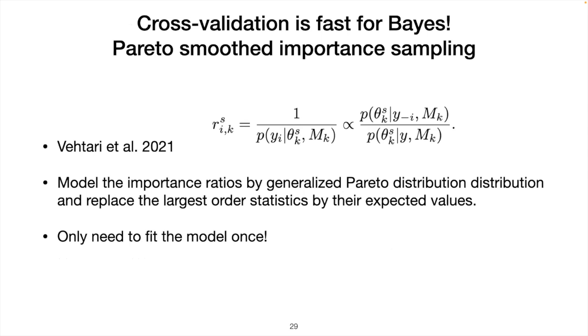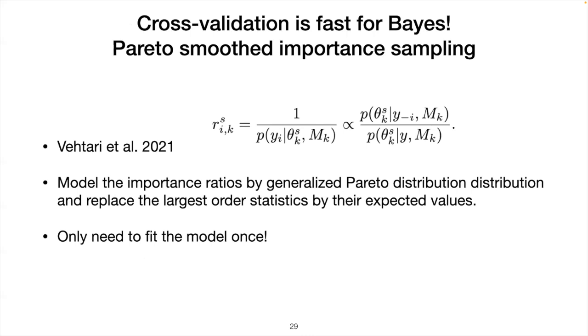In a recent paper, we address this problem by stabilizing the importance ratio. For example, you can fit a parametric family to the ratio, for example a generalized Pareto distribution, and replace the ratio by the expected ratio. Then it becomes a practical pipeline for leave-one-out cross-validation. All you do is fit the model once and collect those theta draws.